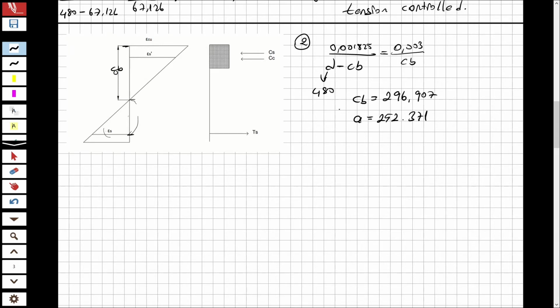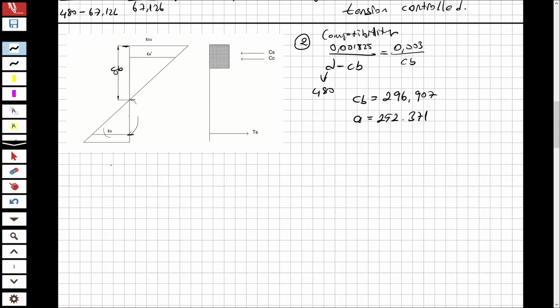And now I obtain the cb and a. Do you understand how we are going to obtain cb and a? I guess now it is clear how I wrote here. Now I just make a compatibility, so it's easy.